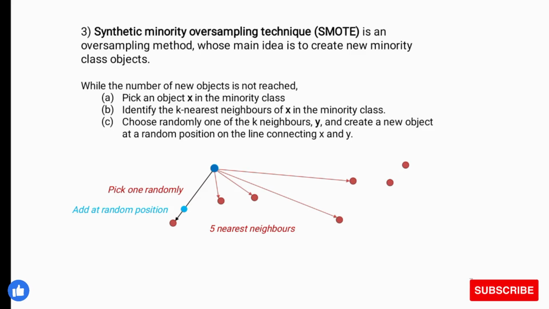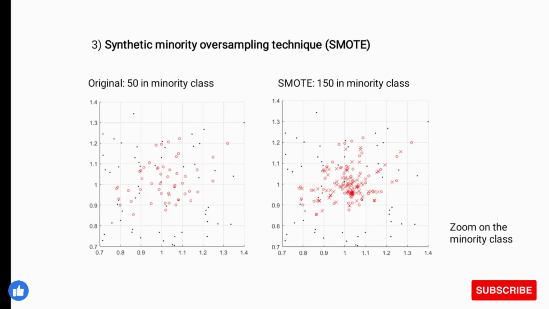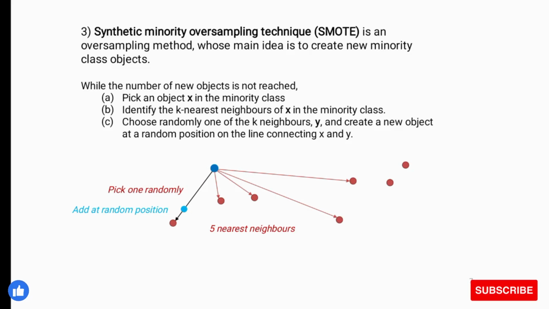Let's pick this object. Okay, this is my new X. I find my 3 nearest neighbours. And now, let's see. Vera, pick a number between 1 and 3. 3. Okay.